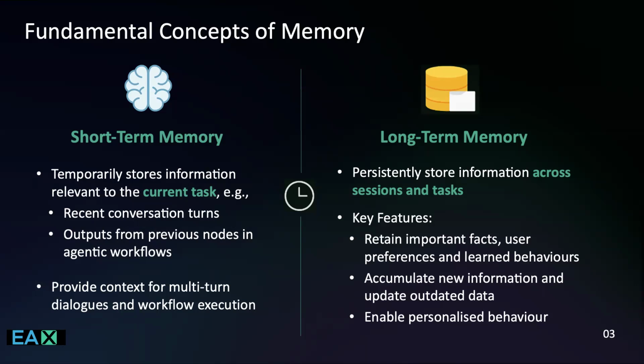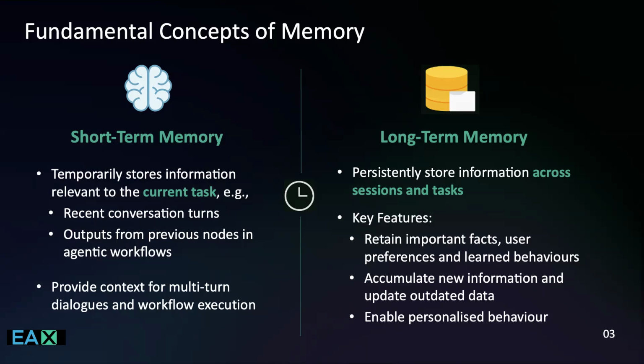In short, the short-term memory only stores the information that is useful for the current task. Once the task is finished, the short-term memory will be cleared and it will not be stored in the local storage. The purpose of this kind of short-term memory is to provide some context for multi-turn dialogues and also some workflow generation or execution.